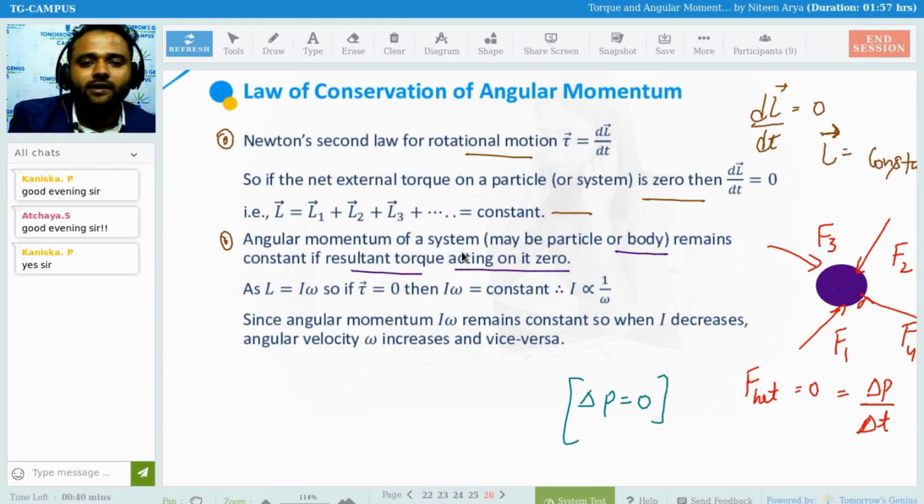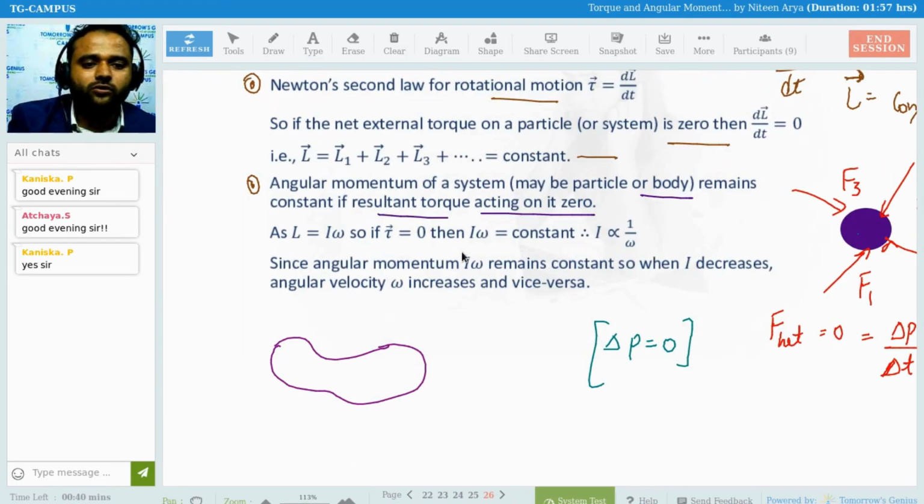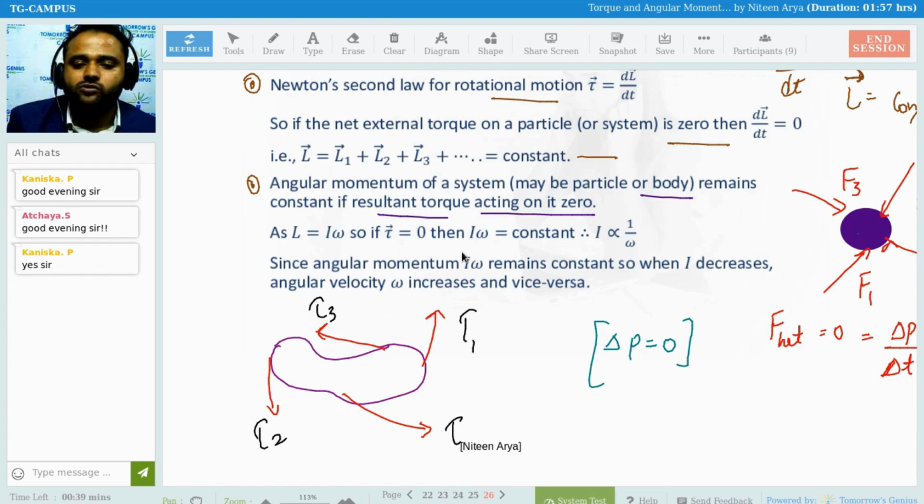In the same sense, if it is any arbitrary shape or rigid body, torque tau1 is in this direction, torque tau2 in this direction, and so on, assume that: 1, then 2, then 3, and then 4.